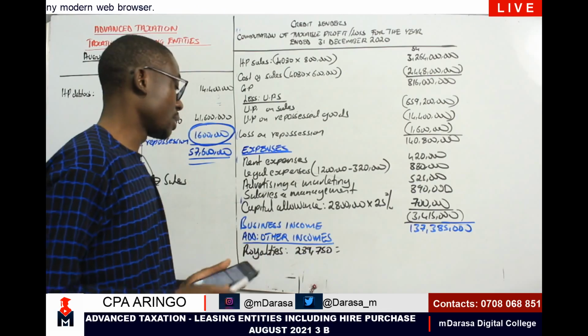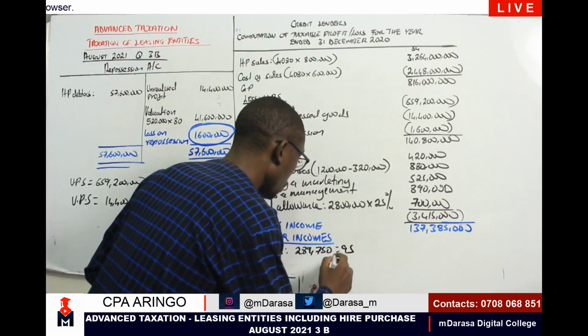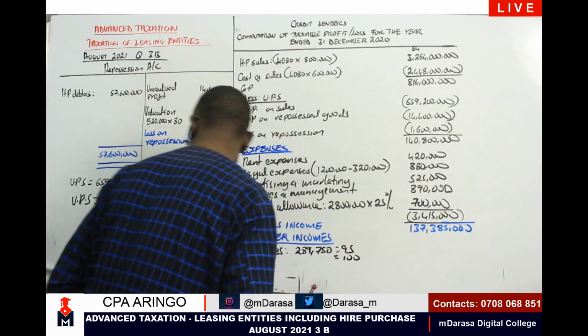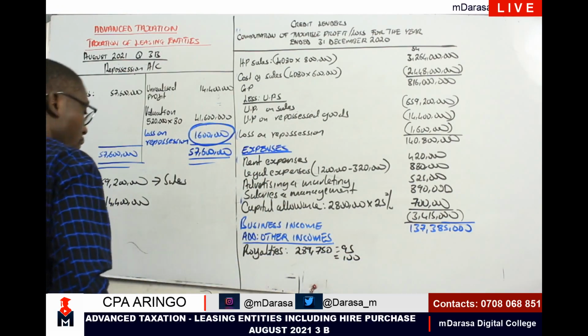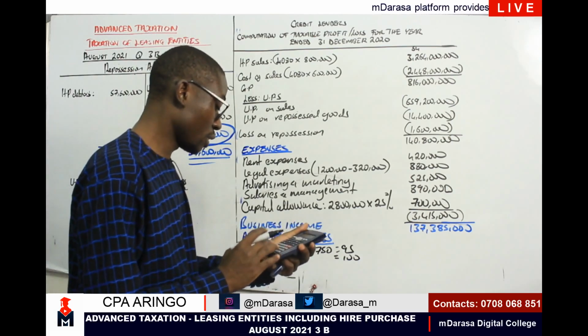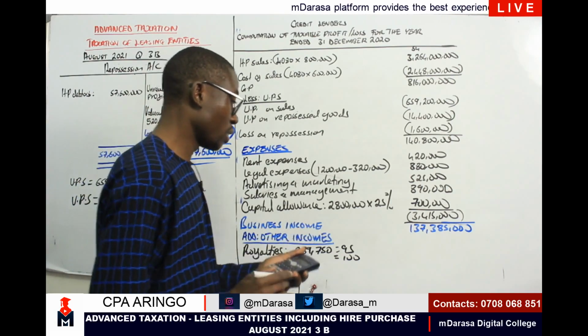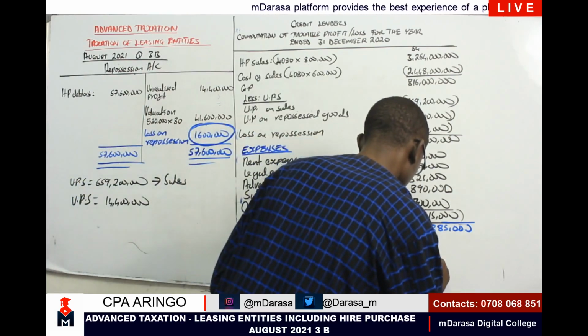Net is always 95% because royalties withholding tax is 5%. So what about 100? We take 289,750 by 100, divided by 95. That should give us 305,000.